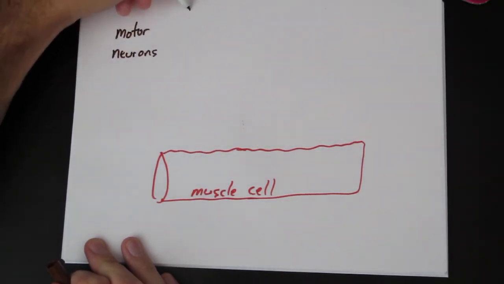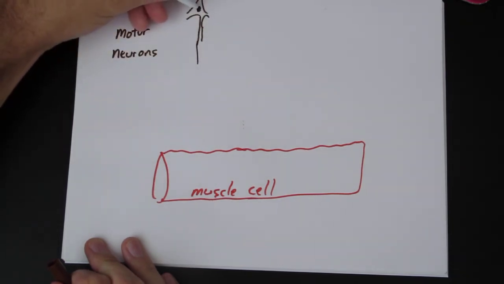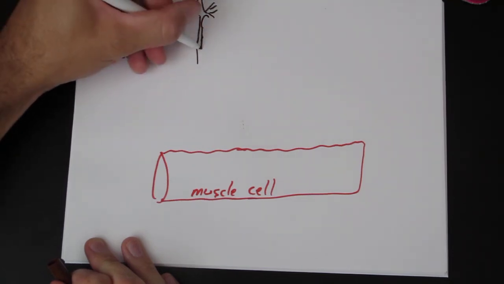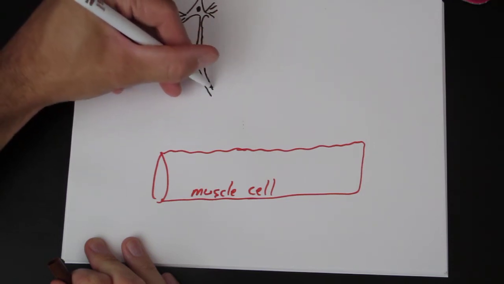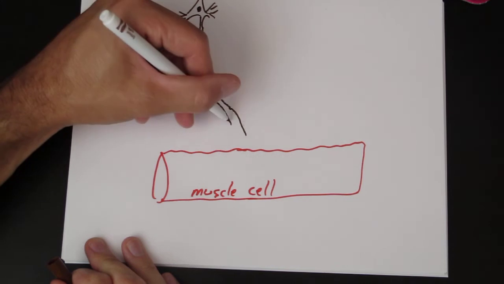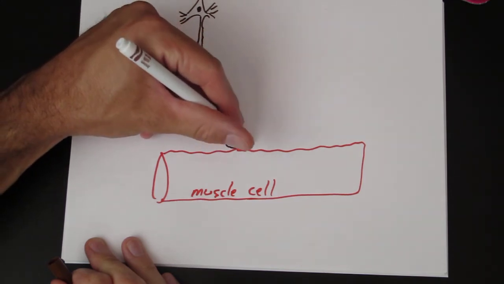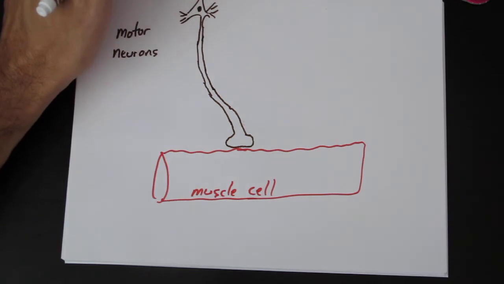Here's the cell body of one of these neurons, and the axon of this one is going to run all the way down. It's eventually going to encounter our muscle cell right here.